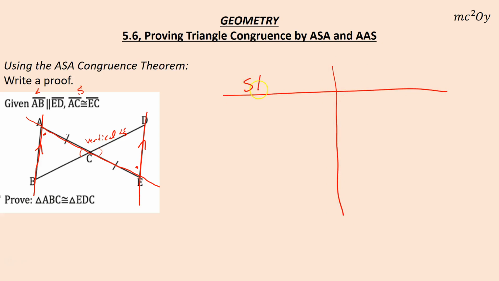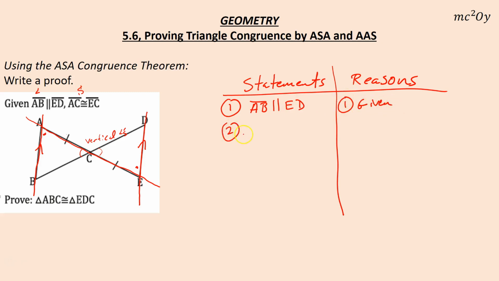Now, statements and reasons. Let's check that out here. So the first one, my given: AB is parallel to ED. That is given.